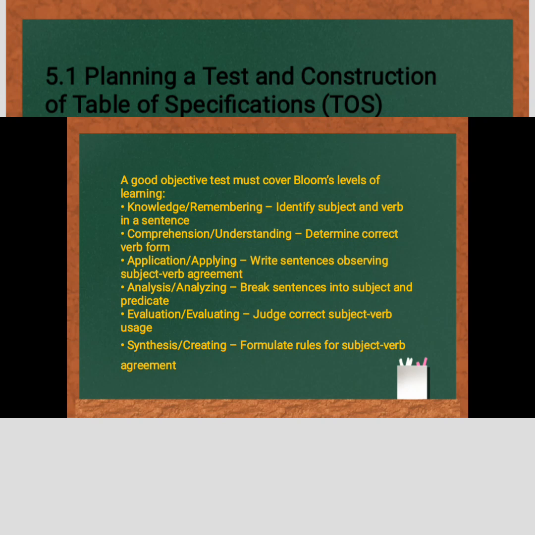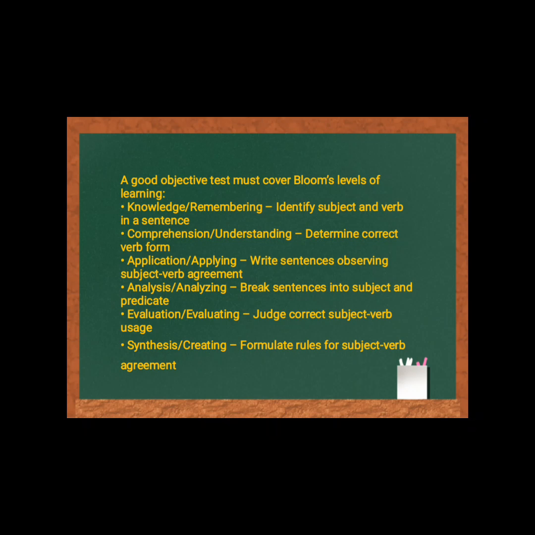Next, class, is analysis and analyzing: break sentence into subject and predicate. Here you can make an identification test. You can make sentences and have them identify whether it is a subject or predicate.